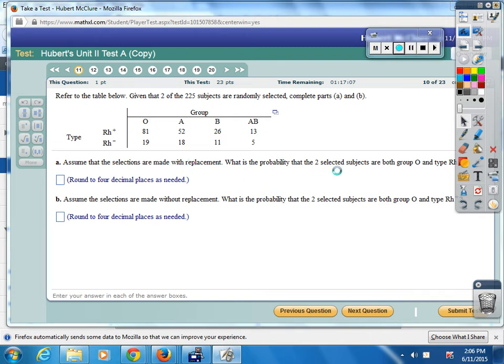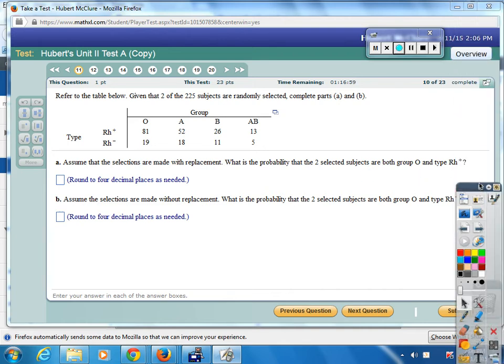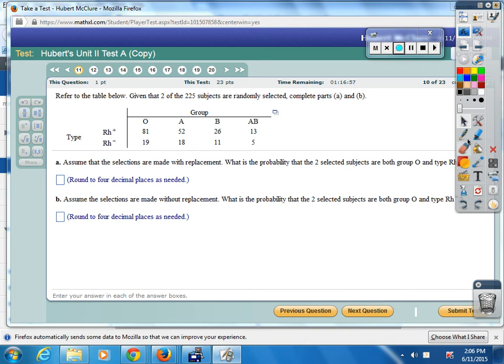What is the probability that the 2 selected subjects are both group O and RH positive? So it says and, so that means what? It means multiplicative law, right? And it's talking about RH positive, which is this number. You got to add those numbers up.